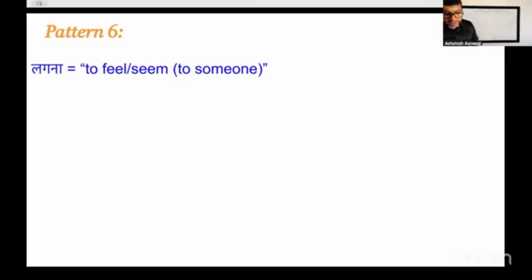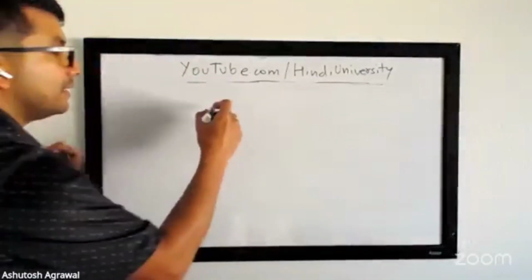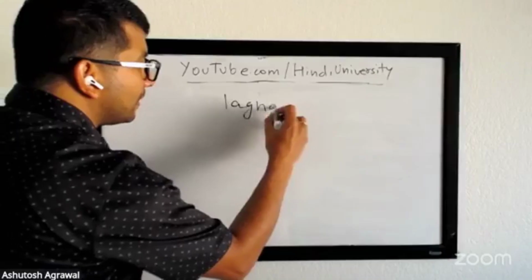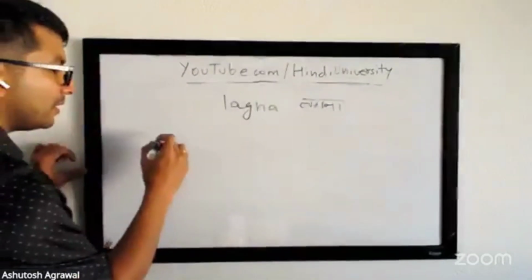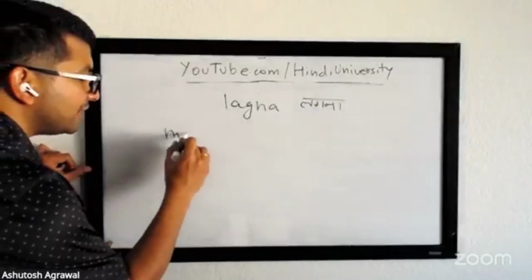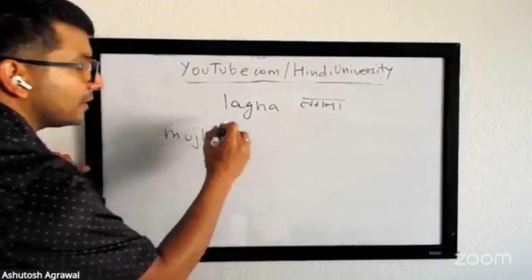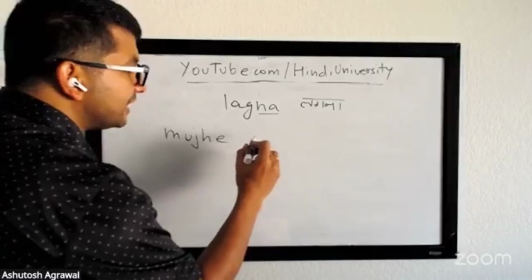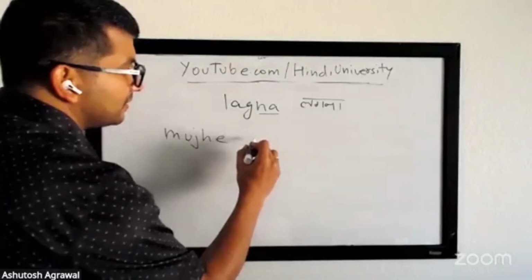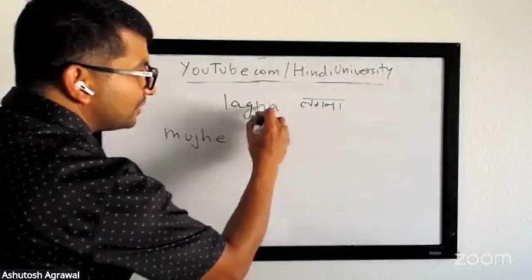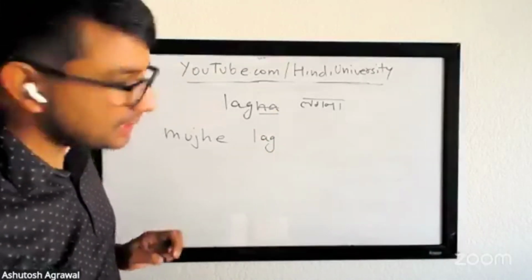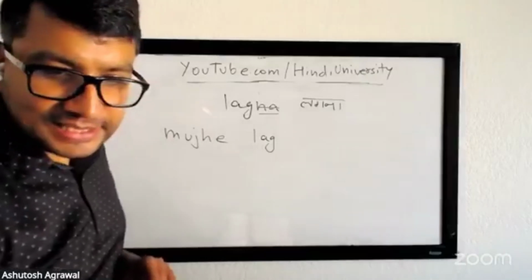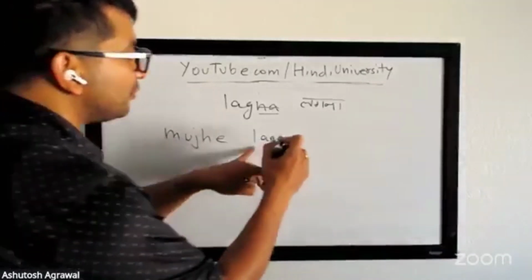So the word that you need to remember in Hindi is lagna. Okay, lagna. So Nicole ji, how would you say mujhe? Remove the na and you say lagni. You remove the na, just like the way you conjugated the previous one: aata, aati, and aate.